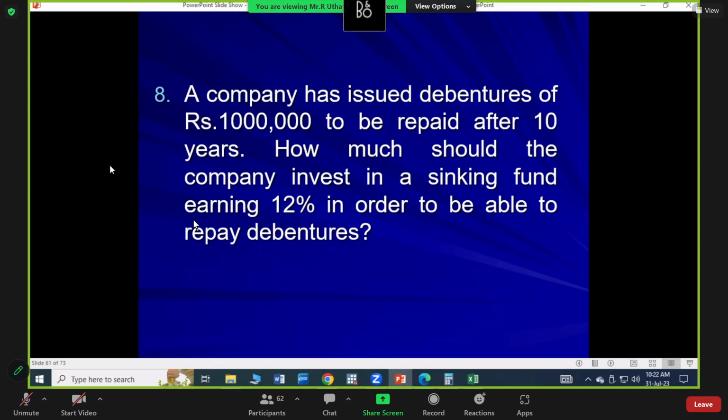So you want to set a fund by investing some amount of money periodically. That is annuity in an investment, earning 12% interest. Then by the end of the 10th year, you will have the money equivalent to this debenture. Then by the time you can redeem it.